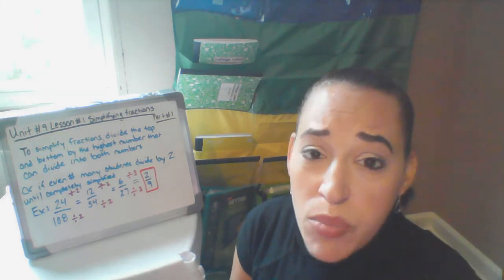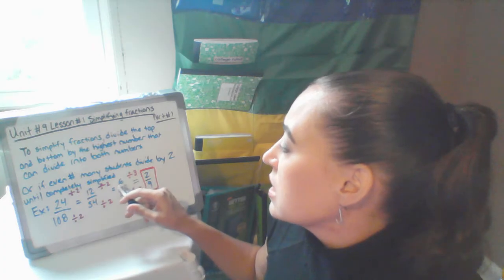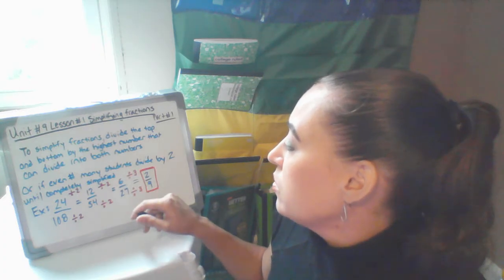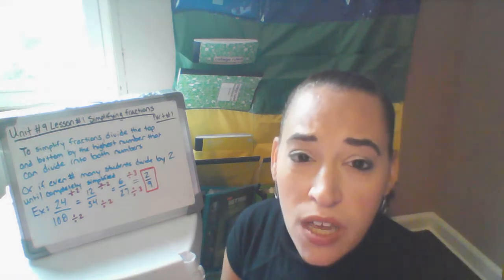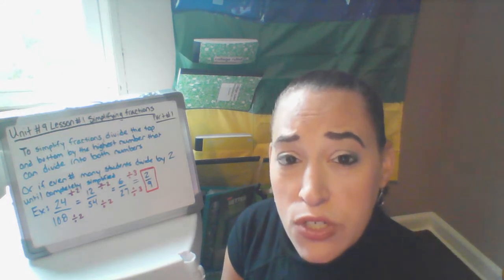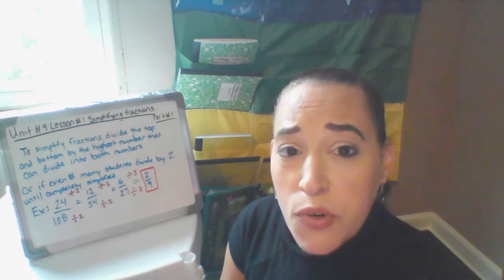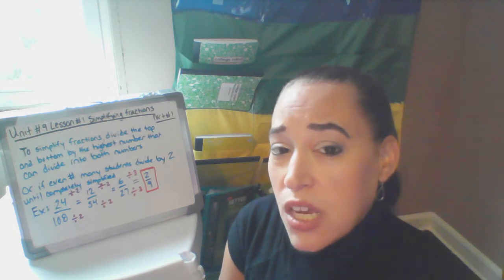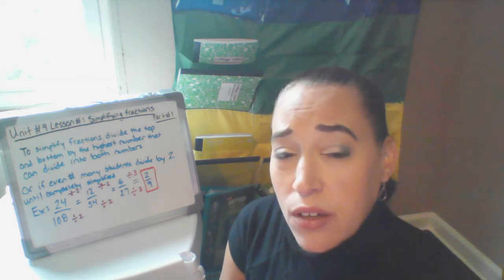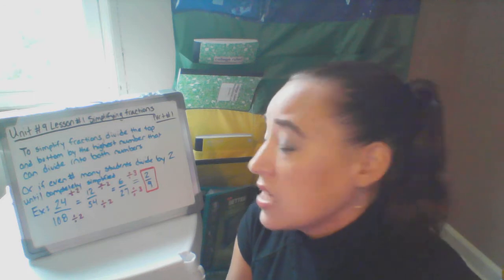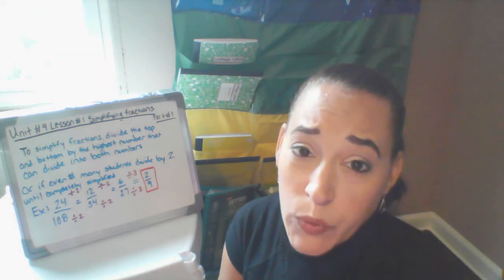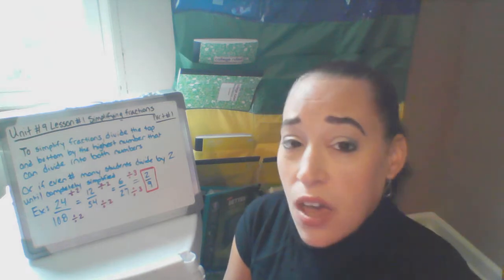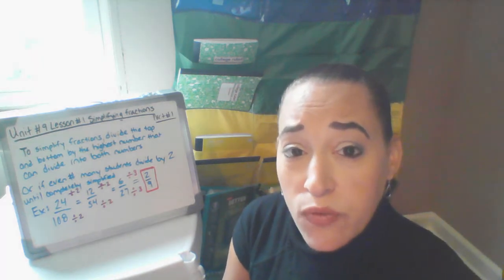So I'm going to divide by 3. 6 divided by 3 is 2. 27 divided by 3 is 9. And at this point, I know I am in the most reduced form because 2 is a prime number, which means I can't do anything else with it. And I know 2 doesn't evenly go into 9 because 9 is an odd number. So 2/9 is the most simplified form.